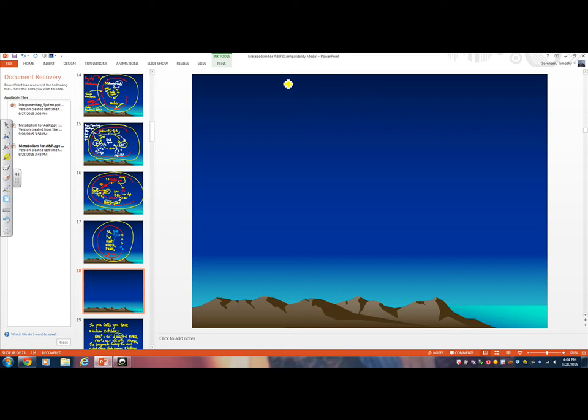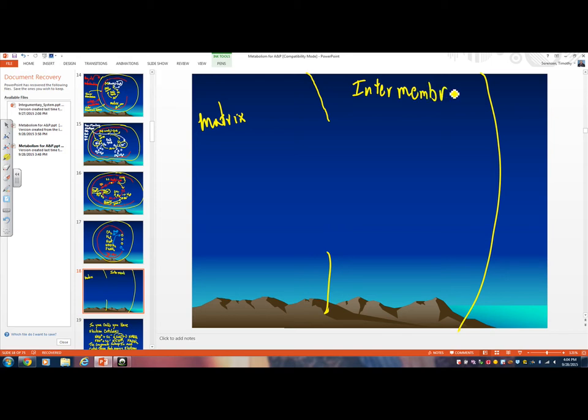So you have the inner membrane, then you have the outer membrane. Here is the matrix of the mitochondria, where the Krebs cycle occurs. Then you have the intermembrane space.